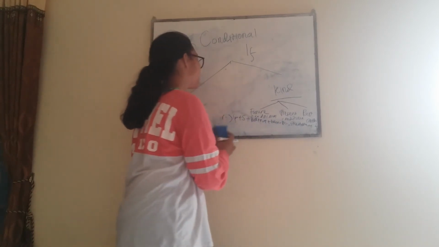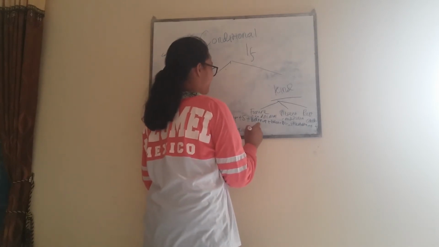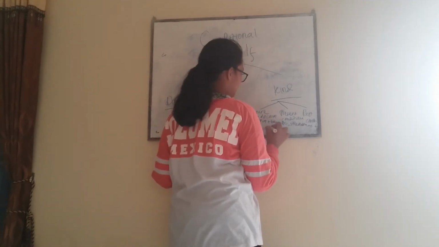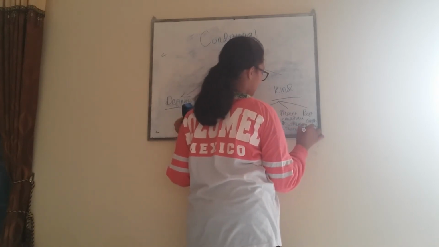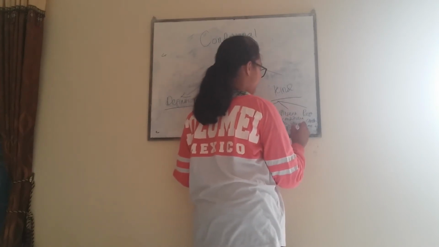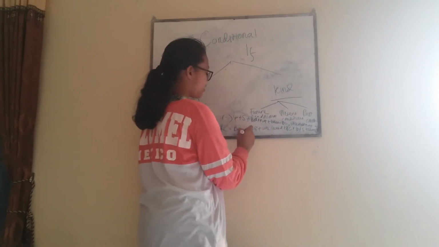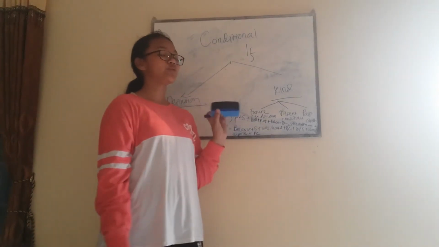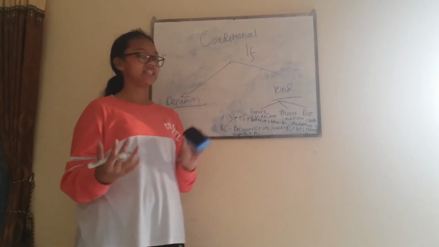So the real condition pattern is because plus subject plus was or were plus predicate complement plus so plus subject plus was or were plus predicate complement. For example, because Rini was rich, so they were happy yesterday.